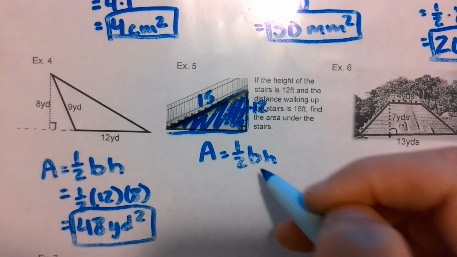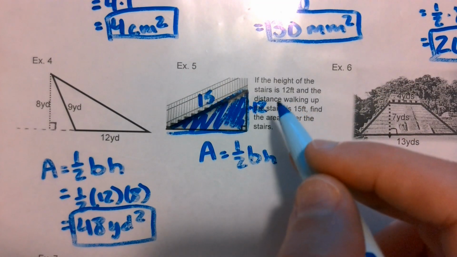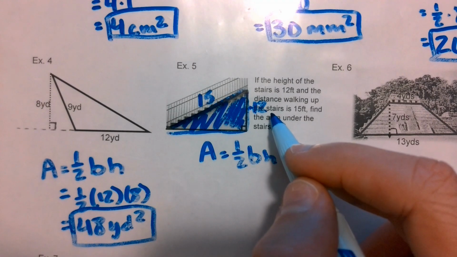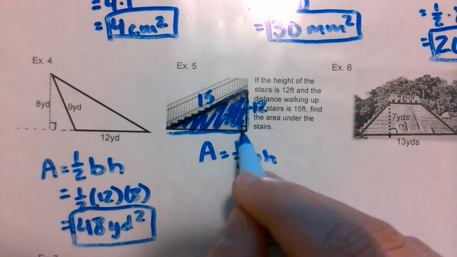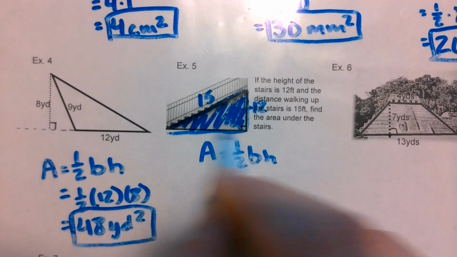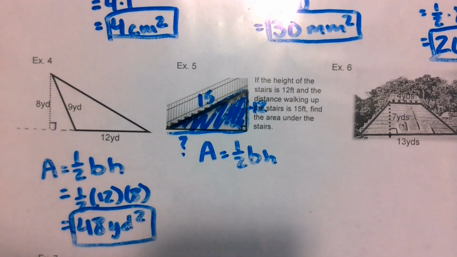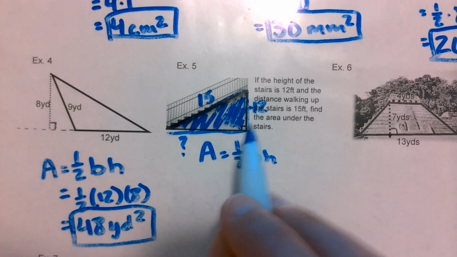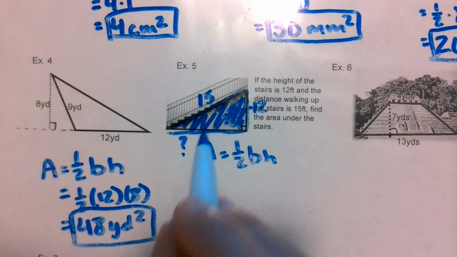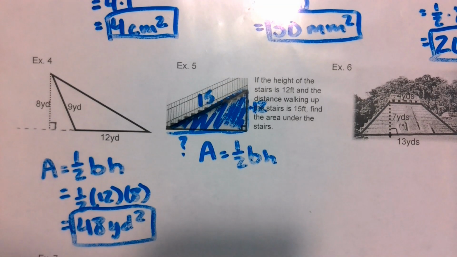Okay, so if we go to plug in our base and our height, if we use 12 as the base, then we're missing the height because we need a length that's perpendicular to that. So we're really looking for this length right there. If we have 12 as the height, now we're missing the base. So it doesn't really matter which one is which here, but we do need this length. It is a right triangle, so how are we going to find the length here?